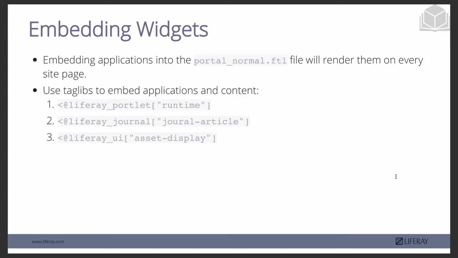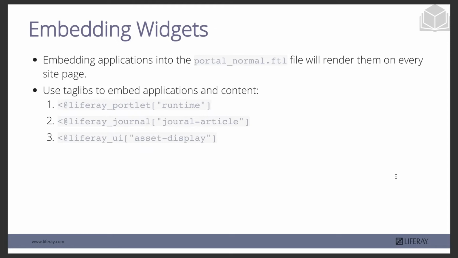Now for the Liferay journal article, this can take a few parameters as well. We have the article ID, so you can find the ID when content is created on the platform, and we'll actually see some examples of this a little bit later on. There's the template key. The template key will be for the actual template.